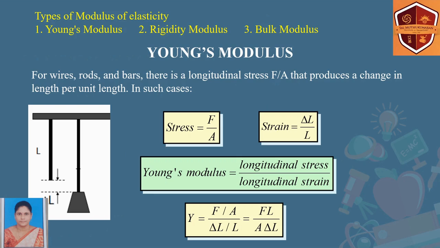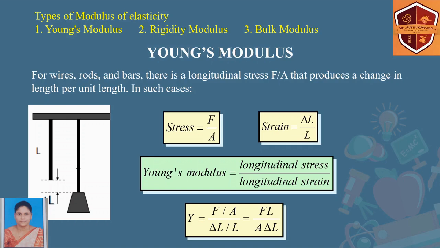Types of modulus of elasticity. There are three types of modulus: Young's modulus, rigidity modulus, and bulk modulus. Young's modulus: for wires, rods and bars, there is a longitudinal stress, force per area, that produces a change in length per unit length.